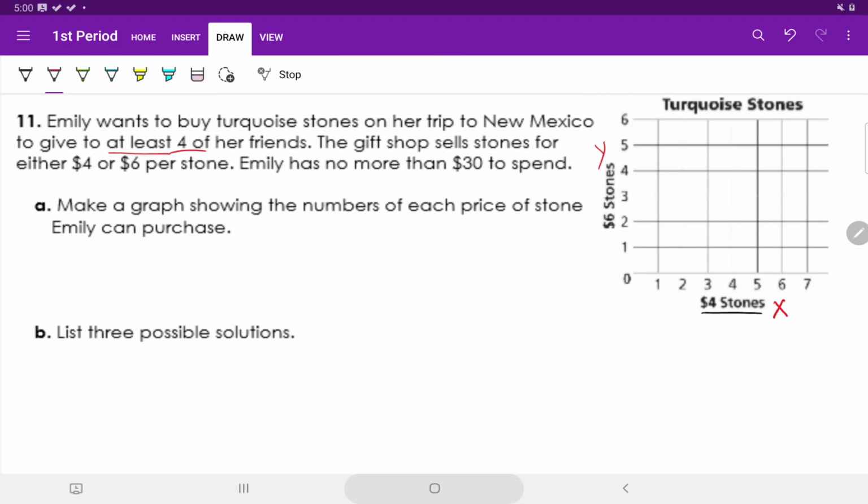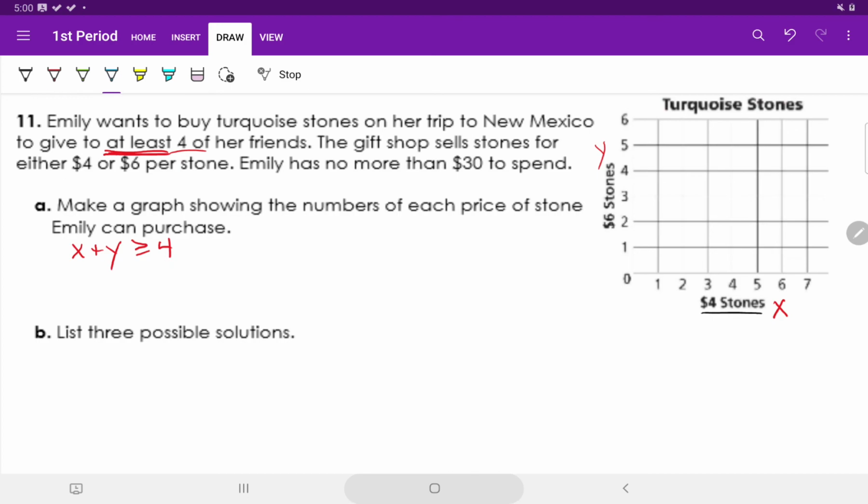So since she's going to be buying X number of $4 stones and a Y number of $6 stones, the way we represent the total is X plus Y. And she needs 4 stones at least. Pay attention to that phrasing. So X plus Y has to be greater than or equal to 4.